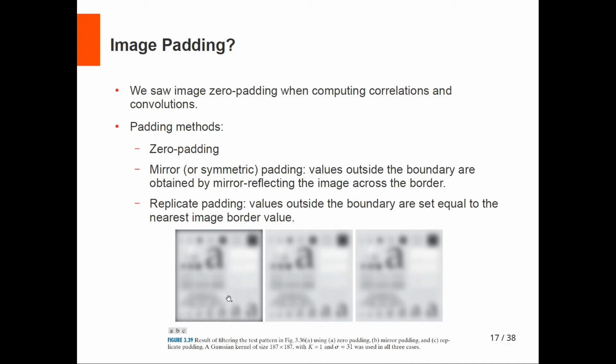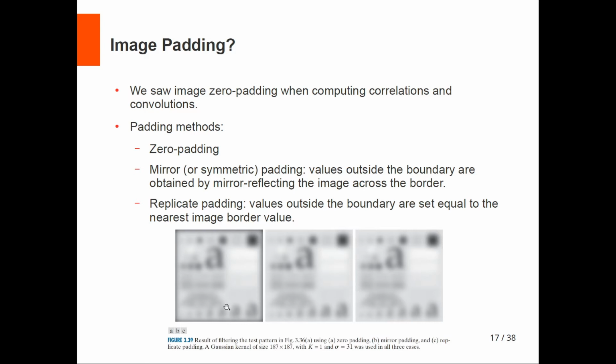Here we have the result of filtering the test pattern using a Gaussian kernel of size 187 by 187 with k being 1 and sigma being 31. This one we use zero padding to avoid the undefined operation. For the next one we use mirror padding, and for the third one we use replicate padding.